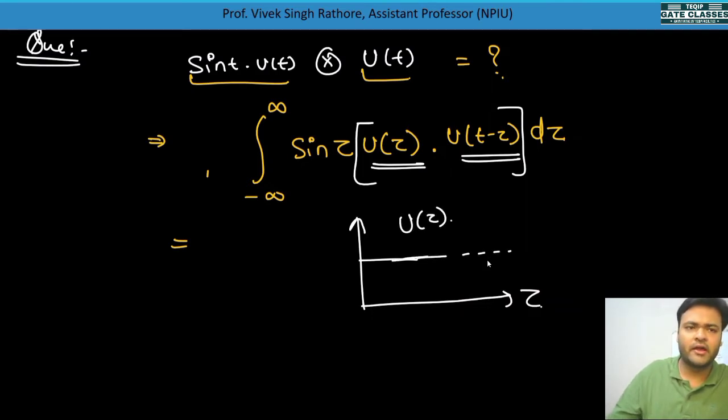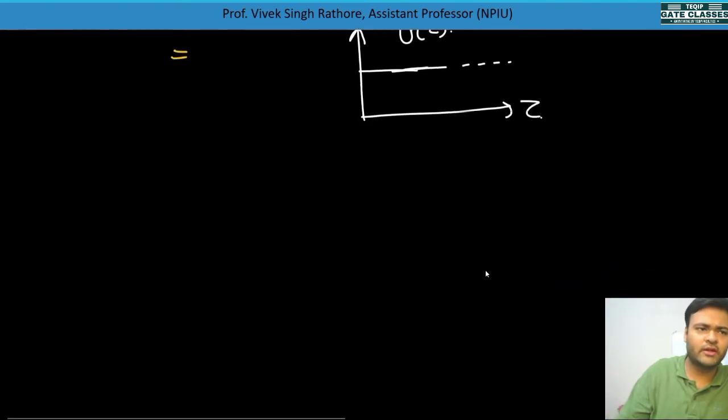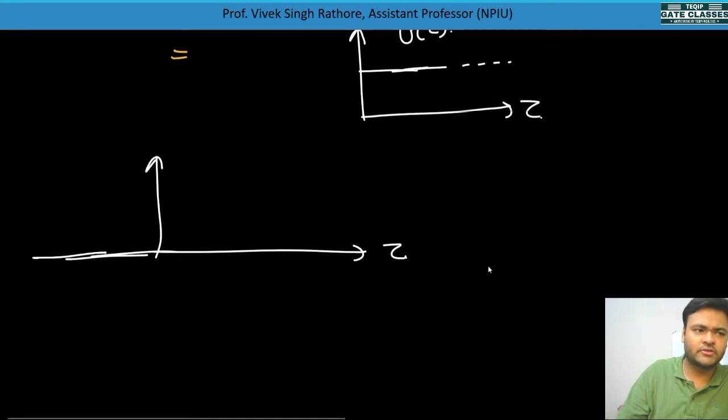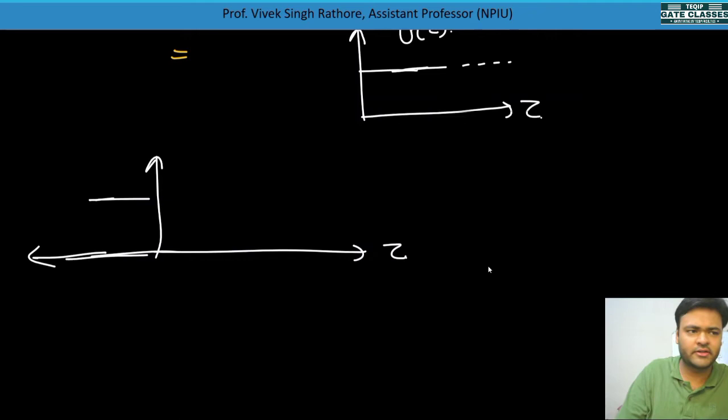And if you want to see u(t minus tau), this is tau, and u(t minus tau) means it will start from here, because you reverse u(tau) and then you shift it.